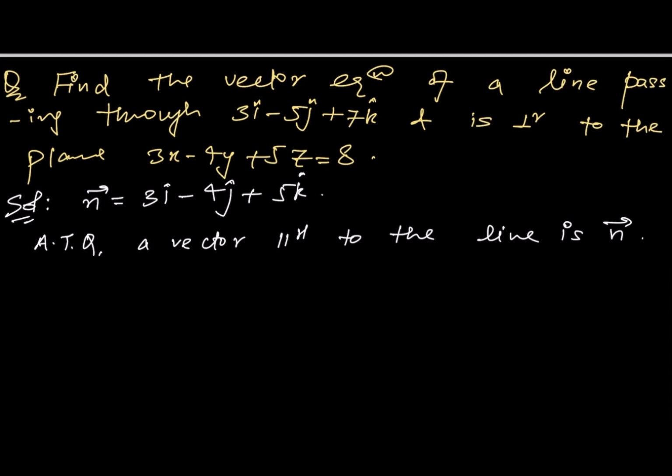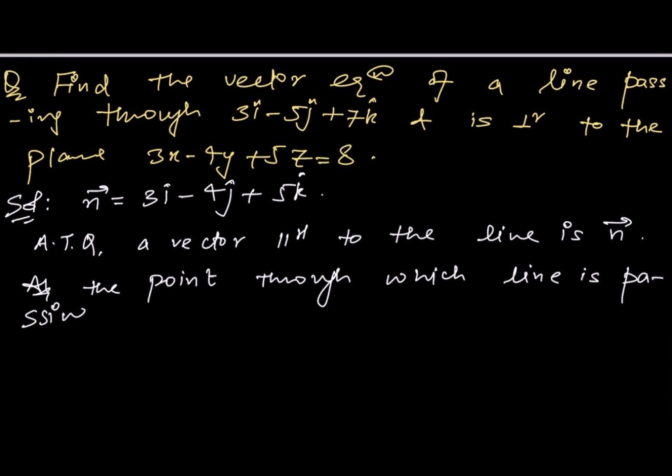So for the equation of the line, we need a vector parallel to the line and a point through which the line is passing, and the point through which the line is passing is 3, minus 5, 7.